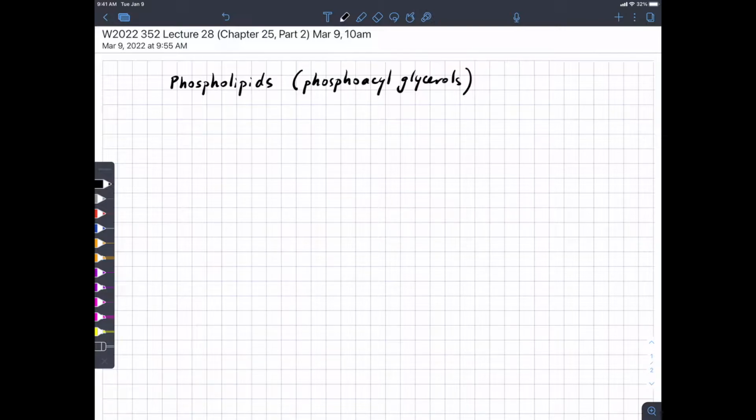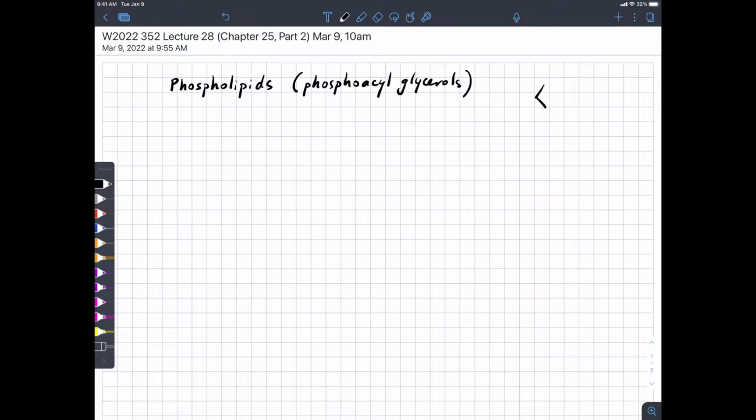These are phosphoacylglycerols. You remember that triacylglycerols, triglycerides, are molecules where you have this 3-carbon alcohol glycerol, and each oxygen is involved in an ester with a long chain carboxylic acid that we've called a fatty acid, okay?